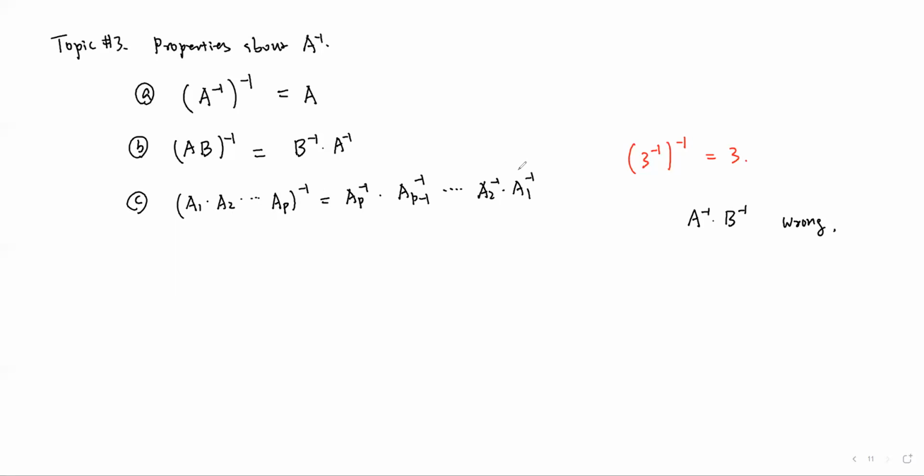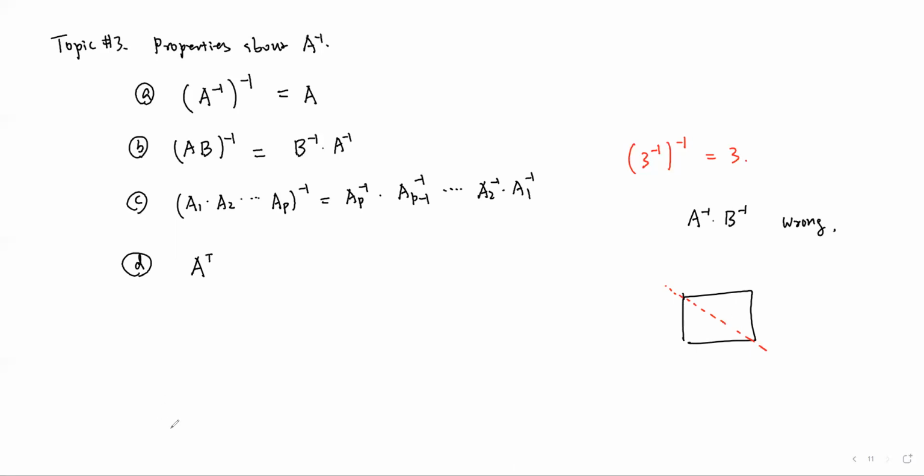Property D. Take the transpose of a matrix A. Do you remember how to take the transpose? Draw a line along the main diagonal entries, then rotate the matrix about this line.